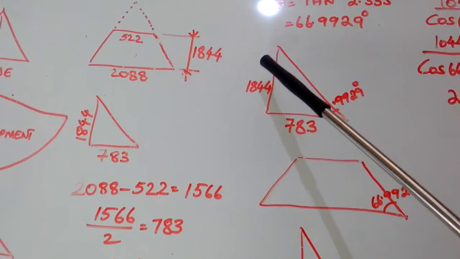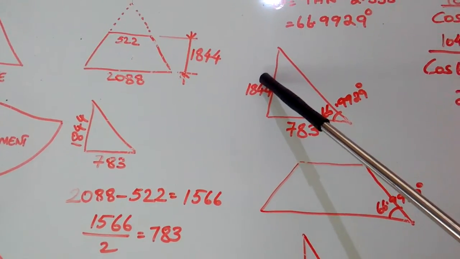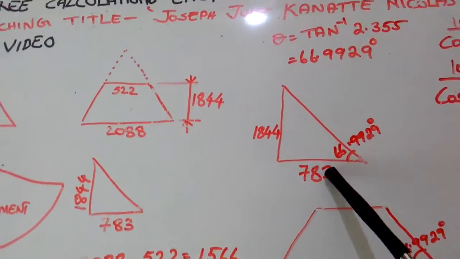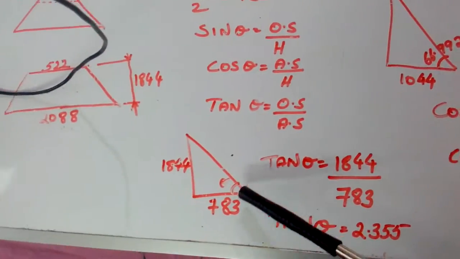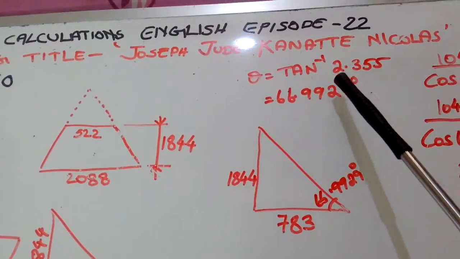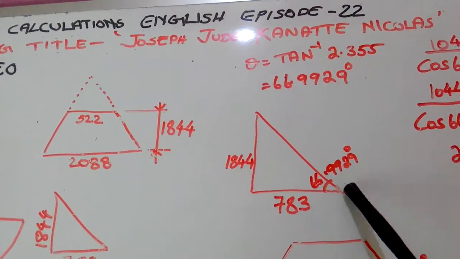I have written it once again, 1844, and this measurement is 783. Once again I have written 783 instead of theta. Now we got the measurement 66.9929. I have indicated it here.